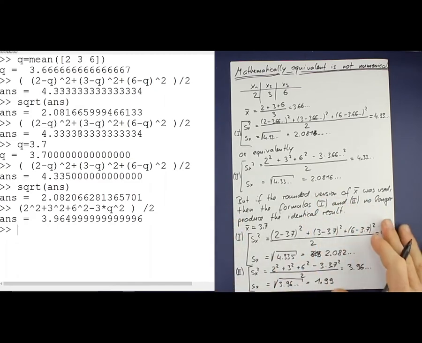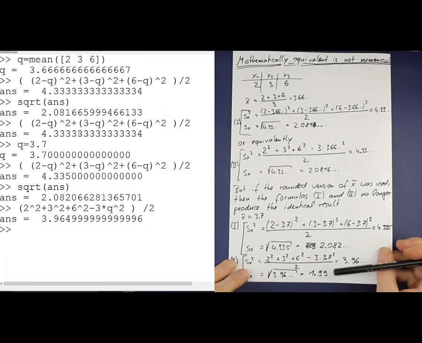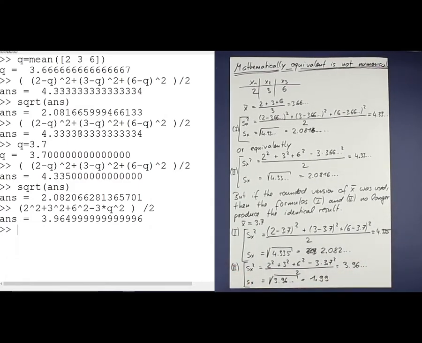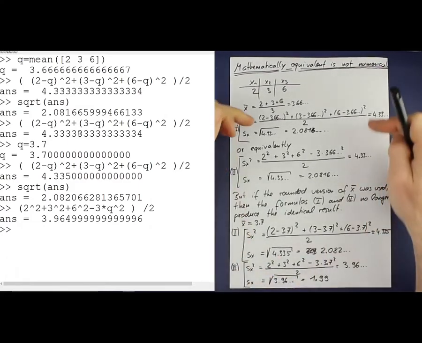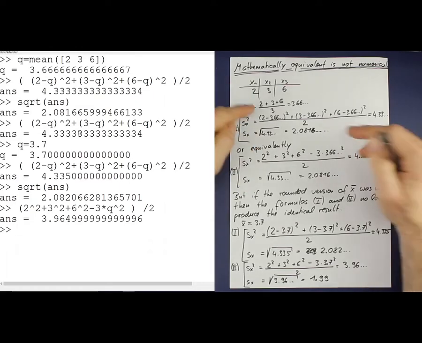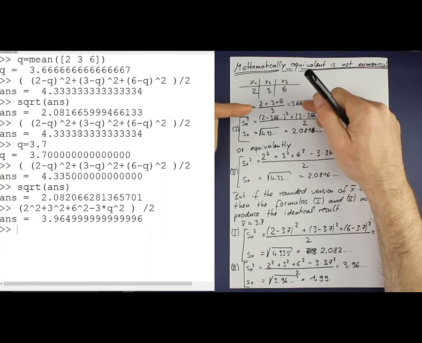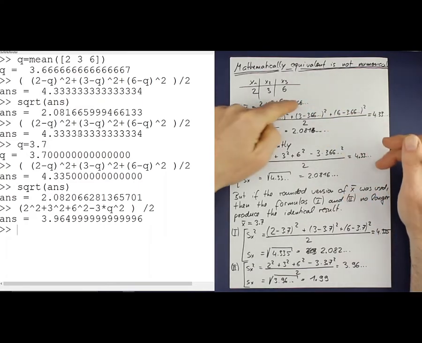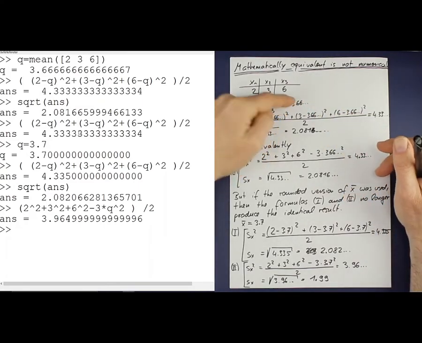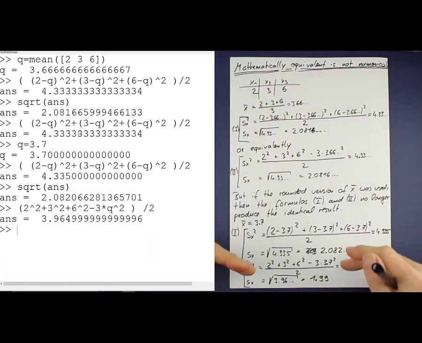So this is very, very surprising, and in my view, this is completely counterintuitive. You have two formulas producing the same answer as long as the input, the mean value, is the non-rounded version. But if you exchange the mean value by a rounded version of the mean value, then the formulas no longer produce the same answer.